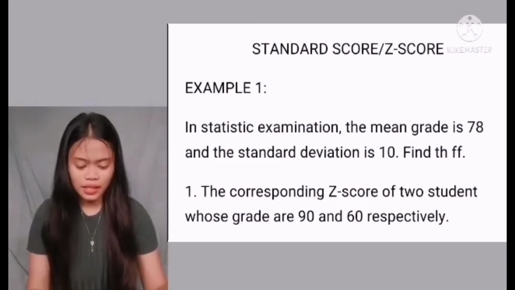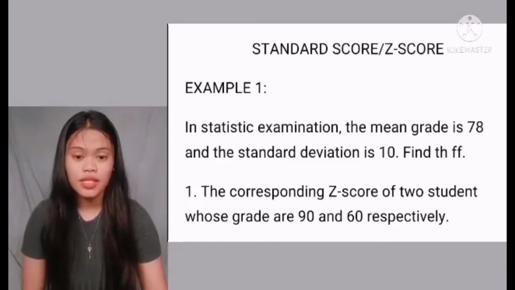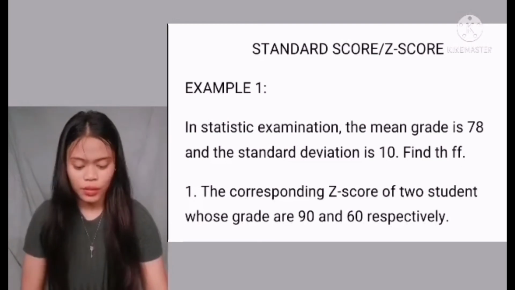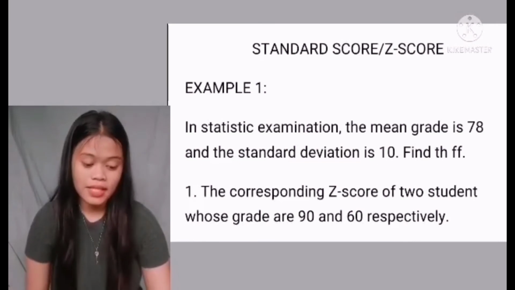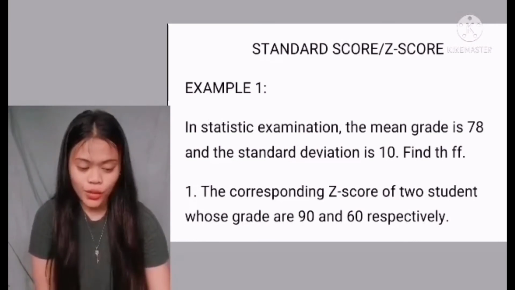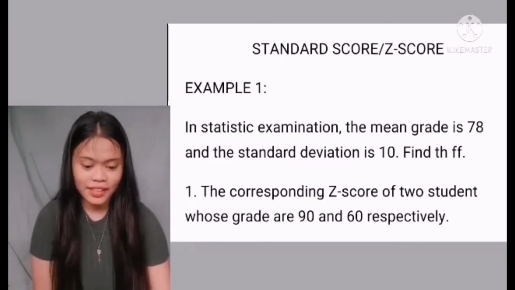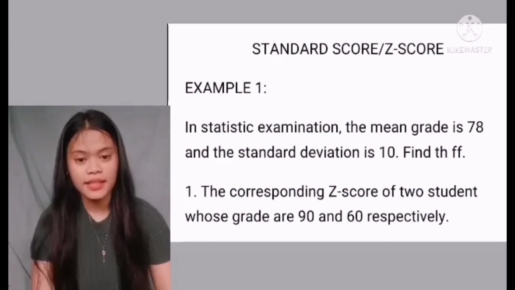In statistics, the mean grade is 78 and the standard deviation is 10. Find the following. The first example is the corresponding Z-score of two students whose grades are 90 and 60 respectively. Kasi ang given naman dyan sa ating example number 1 are the mean and the standard deviation.